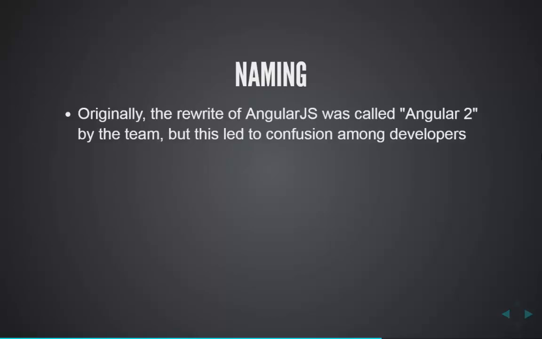Originally, the rewrite of AngularJS was called Angular 2 by the team, but this led to confusion among developers. As we know, Angular is evolving day by day and new bug fixes and breaking changes come in it, so it is hard to say which version we are talking about.